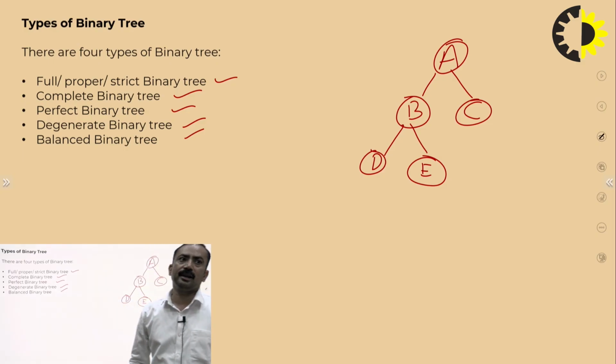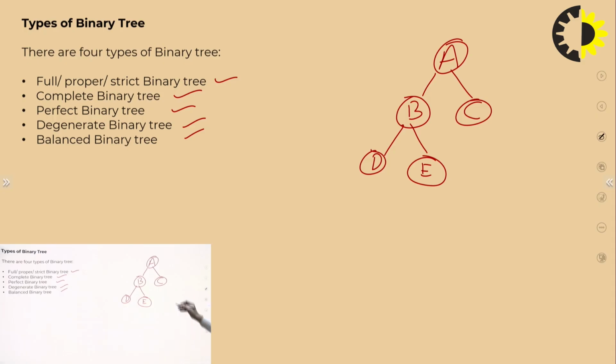So a full binary tree can also be defined as a tree in which each node must contain 2 children except the leaf nodes. These are the 3 leaf nodes D, E and C. Except these, A and B contain 2 nodes.